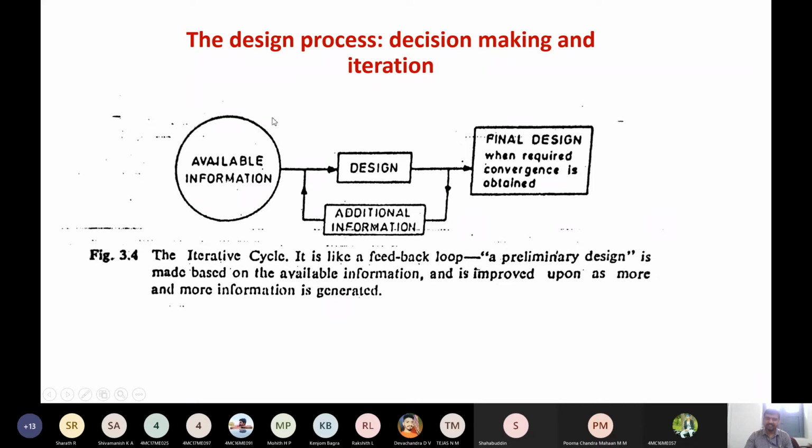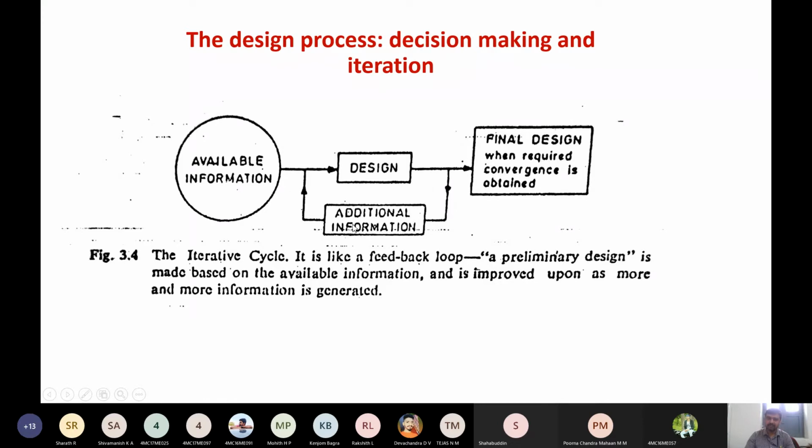In some cases, since the product is very new, you don't know much detail about the product or the problem. So based on the available information, you proceed with the project and go for preliminary design. After preliminary design, additional information may become available.